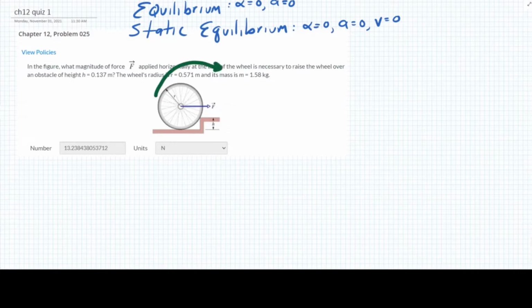The wheel will literally climb up and attain this higher level, going up the curb. Aha, good, I made it. So the whole purpose of this force is to get the wheel up above the curb. All right, so that's what we're doing.